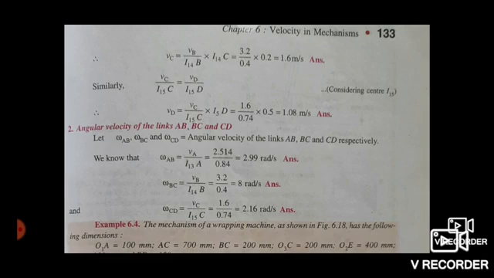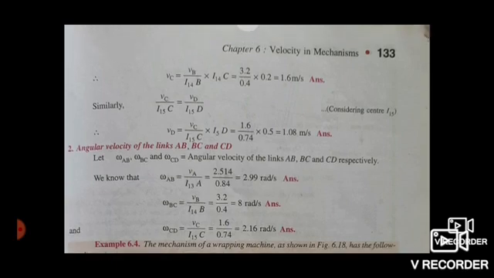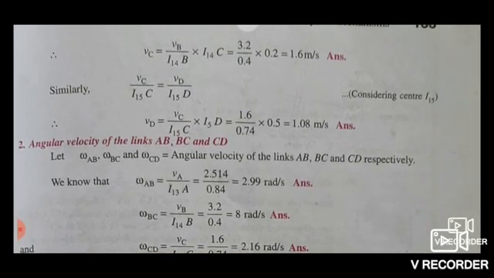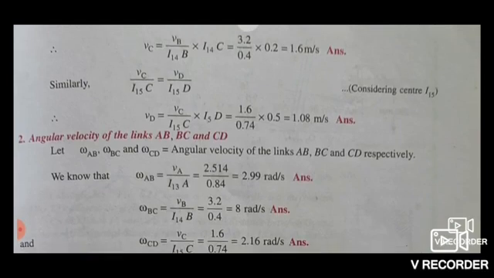Okay. Second point, angular velocity of the links AB, BC and CD. Let omega AB, omega BC and omega CD be the angular velocities of the links AB, BC and CD respectively. We know that omega AB equals VA by I13A. This comes to 2.99 radian per second.